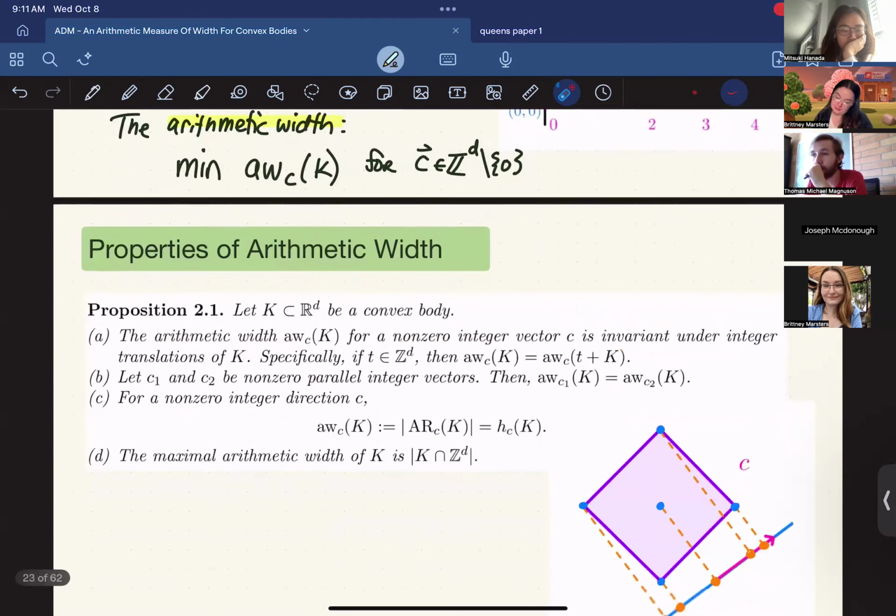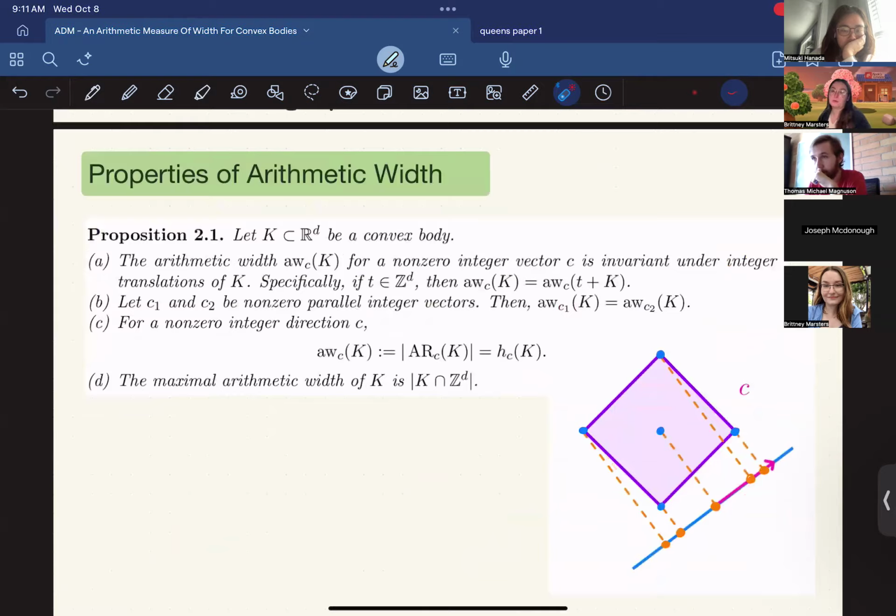Now, the arithmetic width behaves in ways that you would want it to behave. The first common sense thing we would want to happen here is that if I translate my convex body by an integer vector, the arithmetic width and the arithmetic range, in some sense, shouldn't really change. Okay.